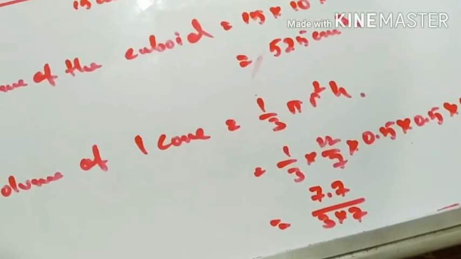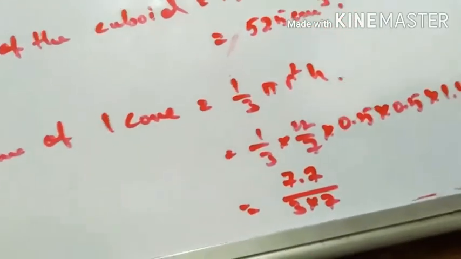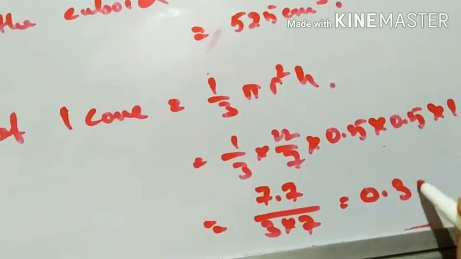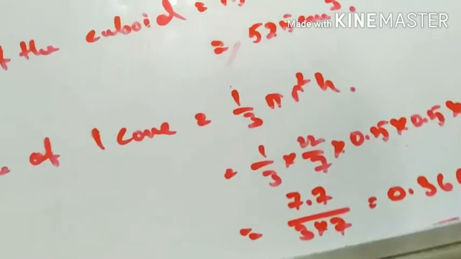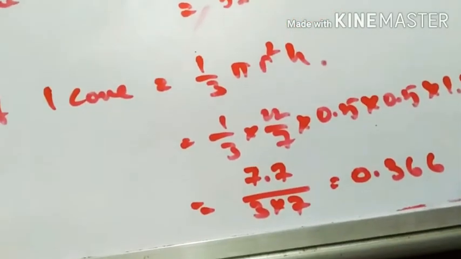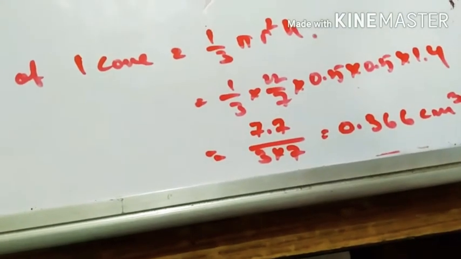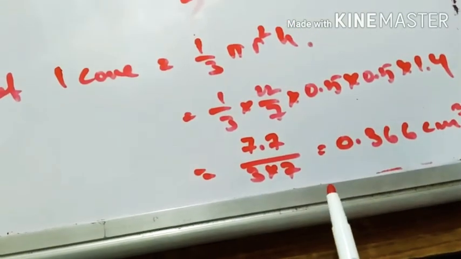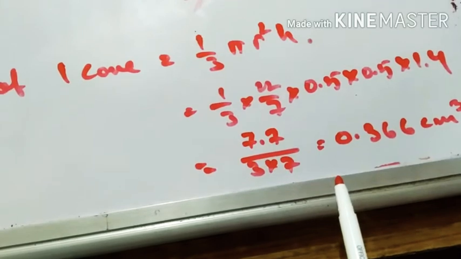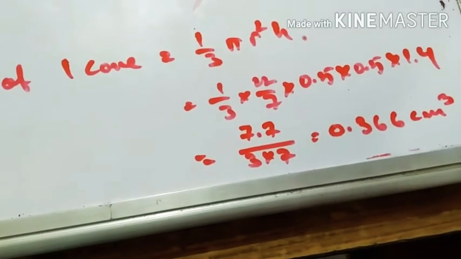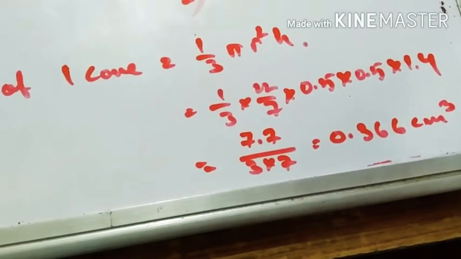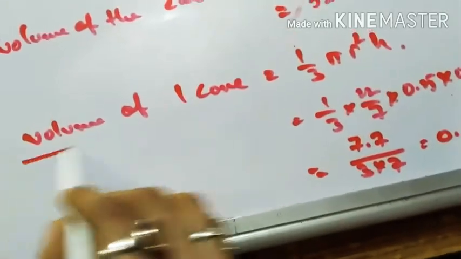So 7.7 divided by 21 is equal to 0.366 centimeter cube. So this is the volume of one cone.